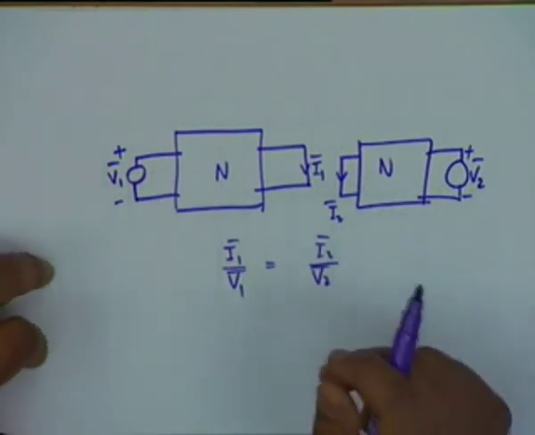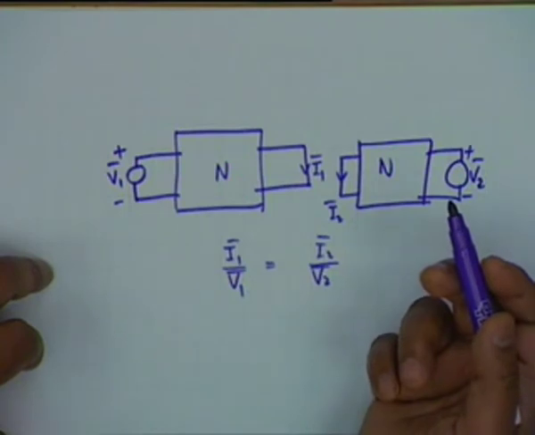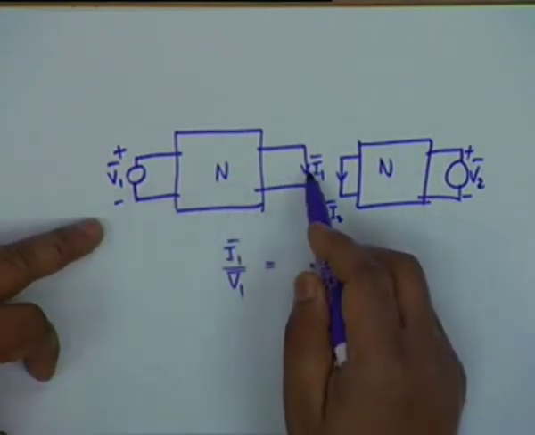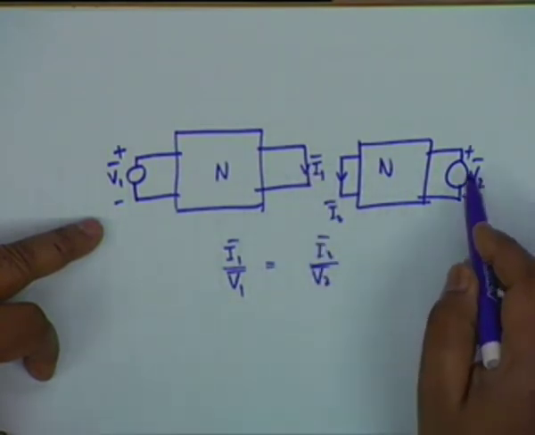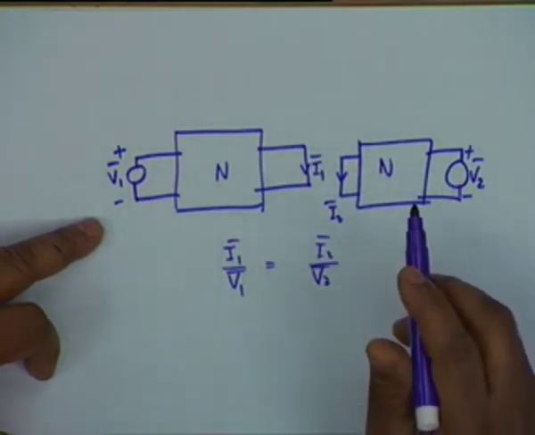This is a statement of the reciprocity theorem: if the excitation and the response are interchanged, there is no change in the ratio. If this is 1 volt and this is 1 ampere, this is 50 volts, then this should be 50 amperes. The ratio shall be the same.